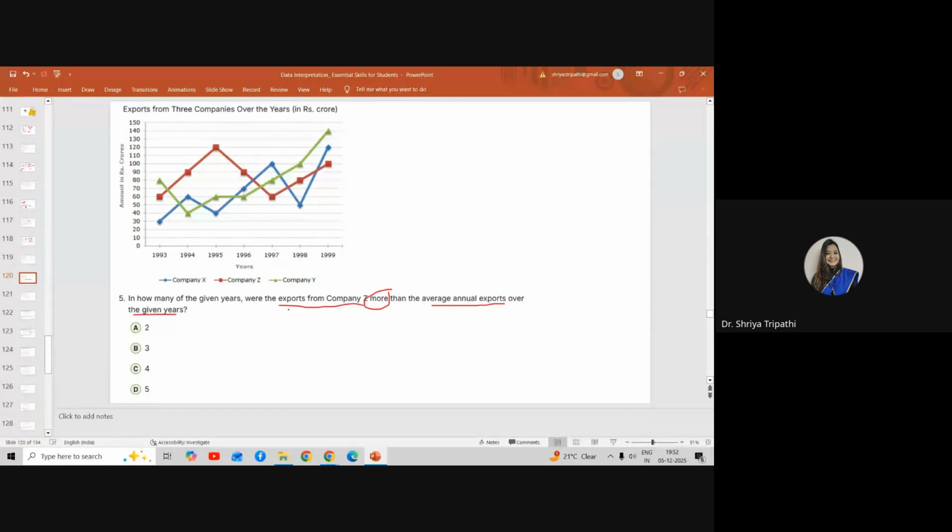How many years were exports for company Z, the red one, more than the average annual exports for the given years? So firstly, we'll find the average annual export.